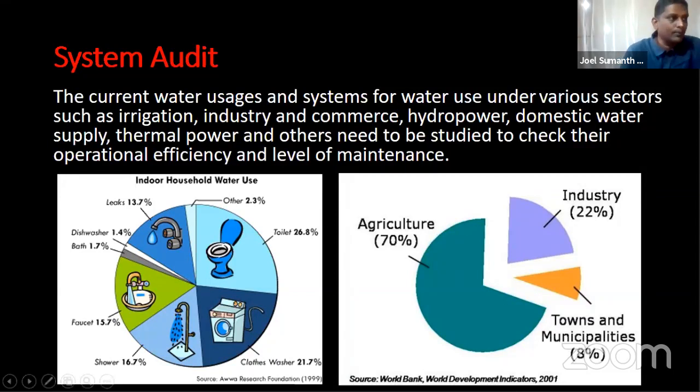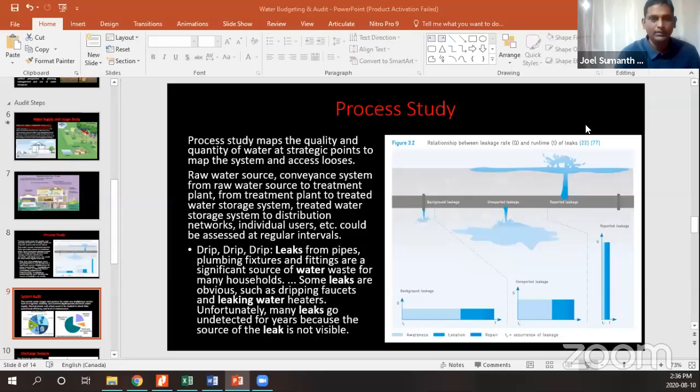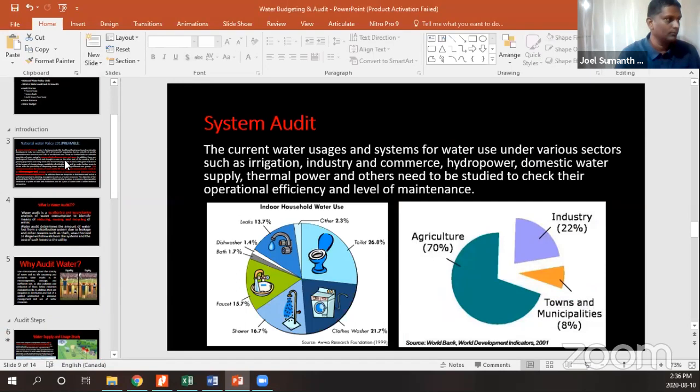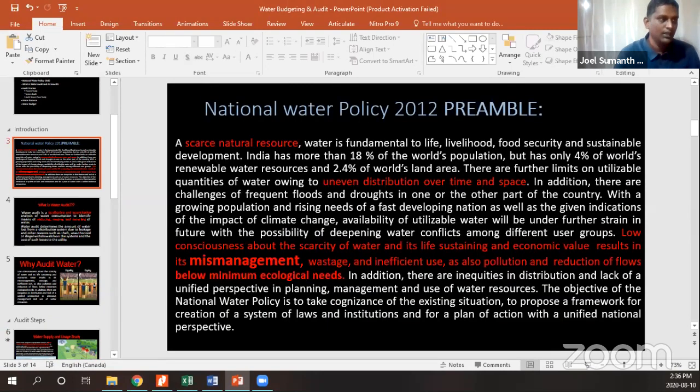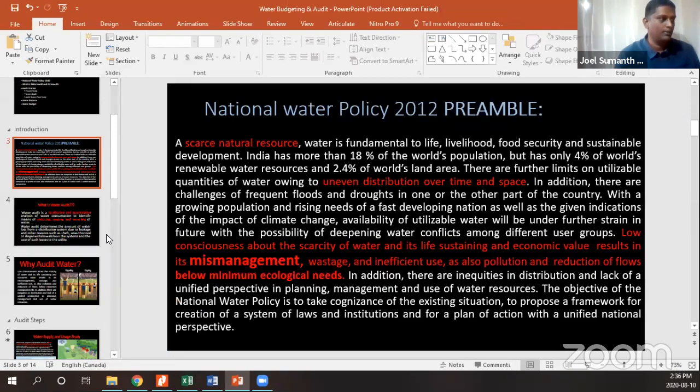Moving on, next we're going to look at a discharge analysis. When we were looking at the preamble in the national water policy, we were seeing that it also mentions wastage and inefficient usage.